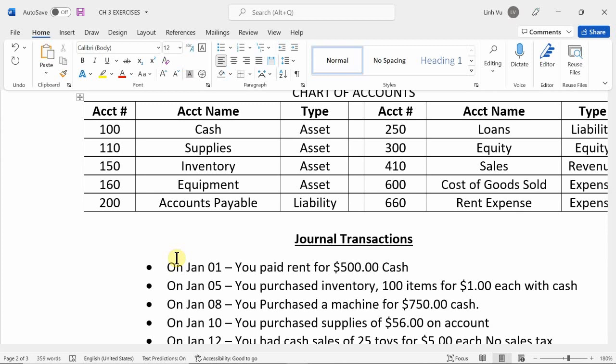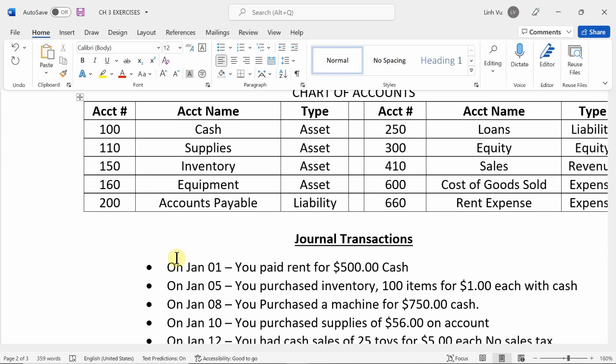So that means I must increase my rent expense by $500. And because I used cash, am I increasing my cash or decreasing my cash? I spent it. So I'm going to decrease my cash. So that's going to tell me I have to credit my cash account for $500, right?